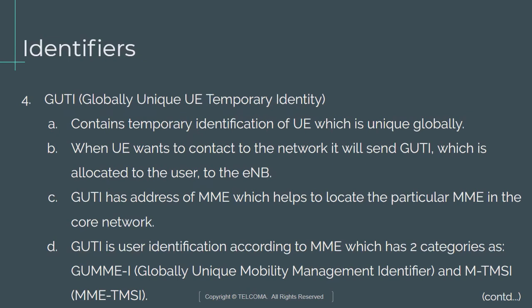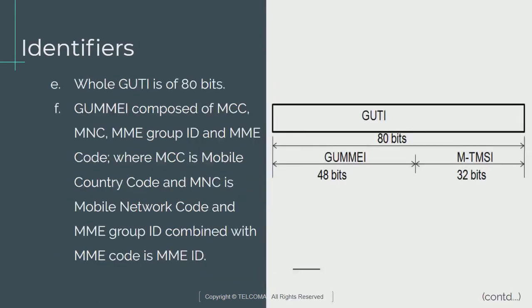When the UE wants to contact the network, it will send the GUTI, which is allocated to the user, to the eNode B. The GUTI has the address of the MME, which helps to locate the particular MME in the core network. It is the user identification according to the MME, which has two categories, that is GUMMEI, which is known as Globally Unique Mobility Management Identifier, and M-TMSI, that is MME Temporary Mobile Subscriber Identity.